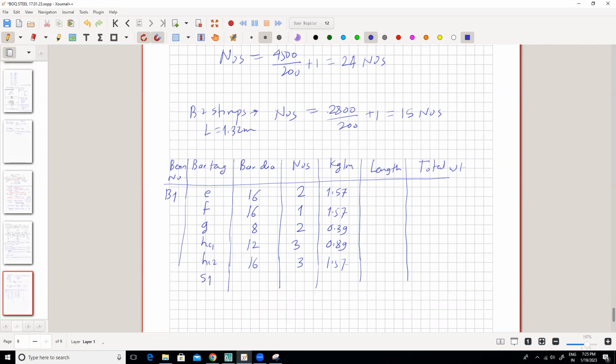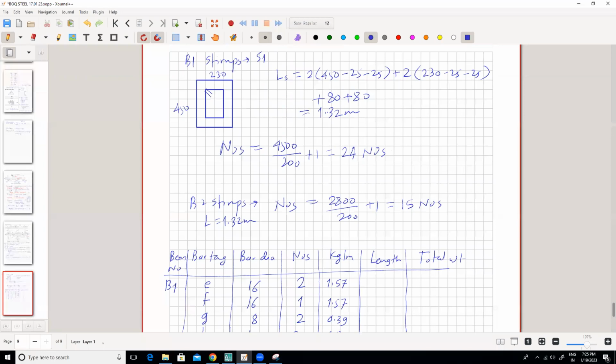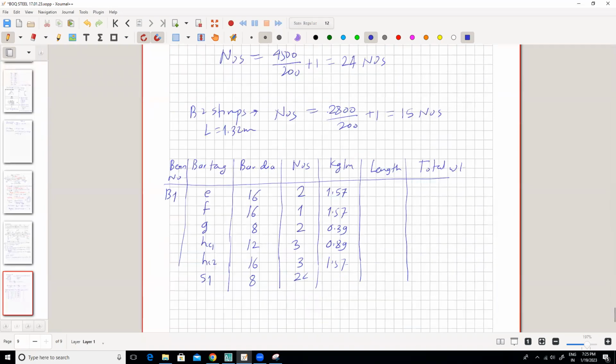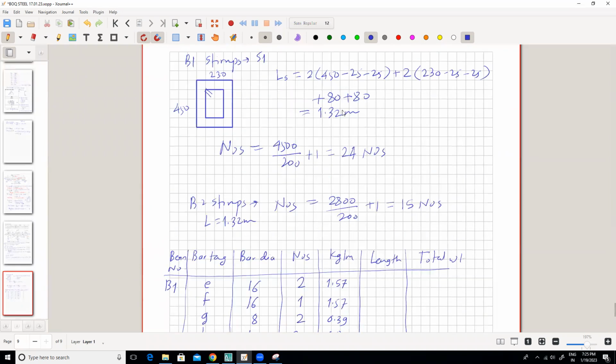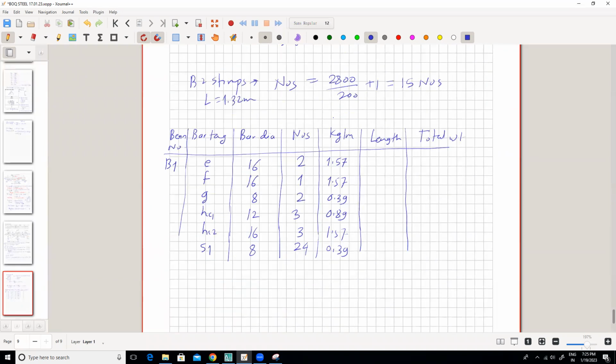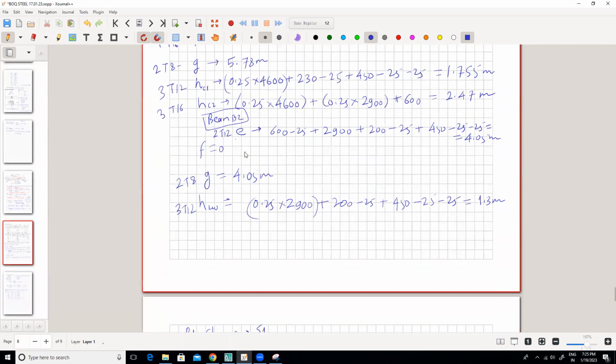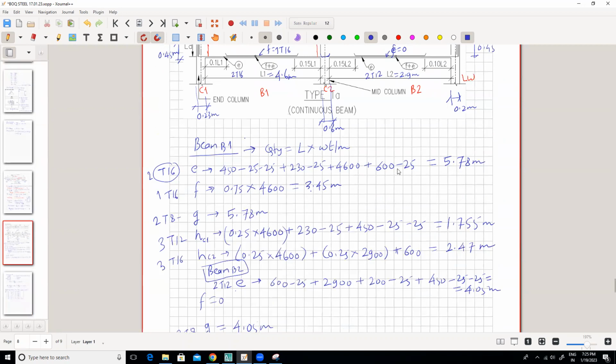S1 bar diameter is 8. Numbers 24 है ना? Yes sir, 24 numbers, and 8 mm, 0.39 kg per meter. Now, what is the length of the stirrup here? 1.32 meters. HC2, ये ऊपर से ही लेंगे. E का कितना है? 5.78.